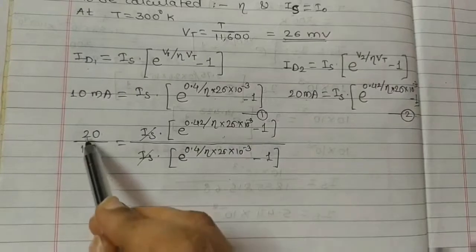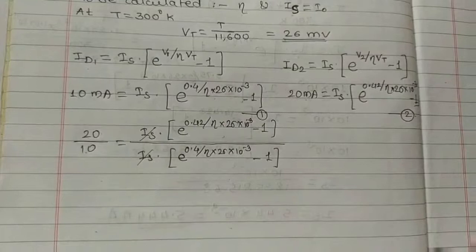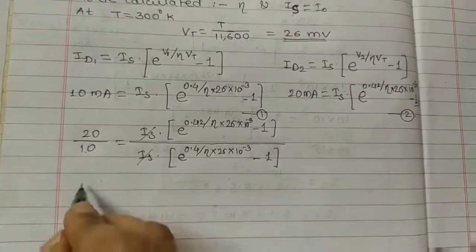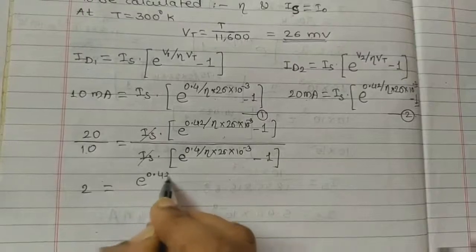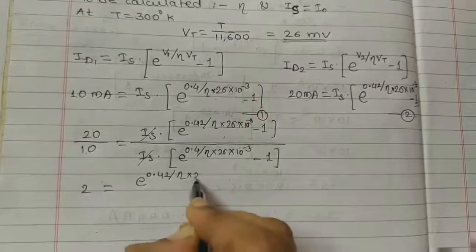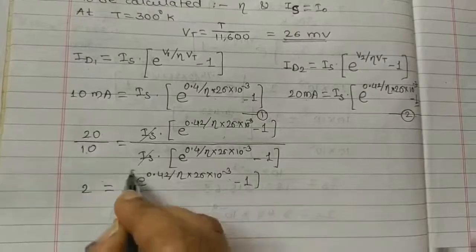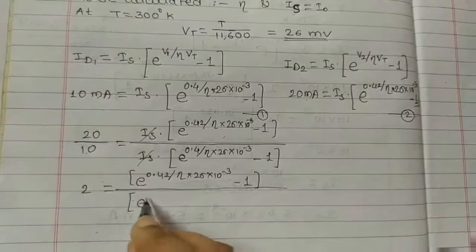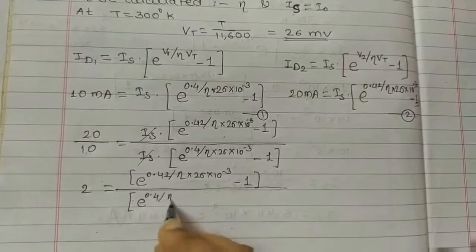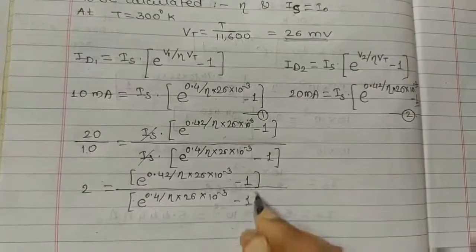Similarly, 20 divided by 10 will become 2. So this equation will become 2 is equal to e raised to 0.42 divided by eta into 26 into 10 raised to minus 3, minus 1, whole divided by e raised to 0.4 divided by eta into 26 into 10 raised to minus 3, minus 1.